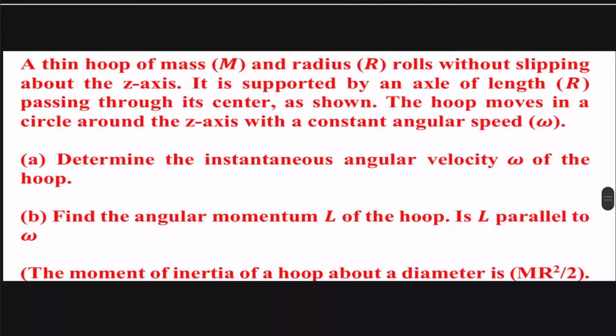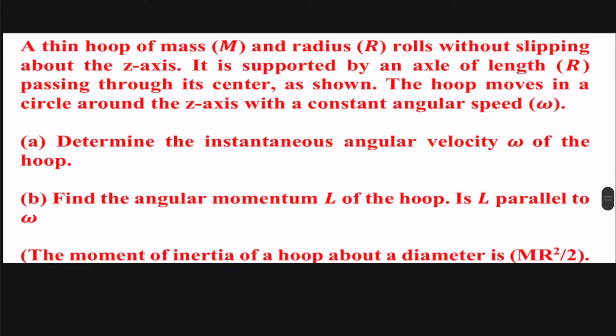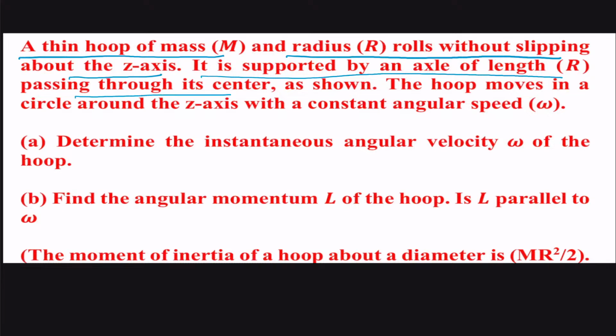So in this question we are given a thin loop of mass m and radius r that rolls without slipping about the z-axis. It is supported by an axle of length r passing through its center as shown. The hoop moves in a circle around the z-axis with a constant angular speed omega.